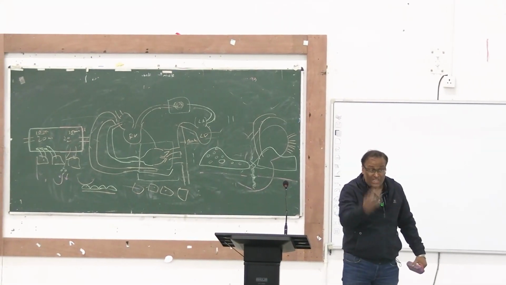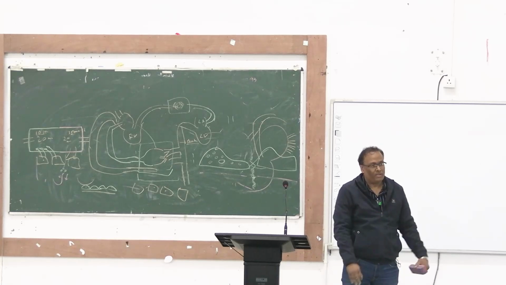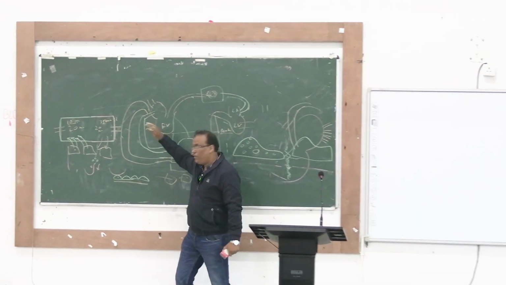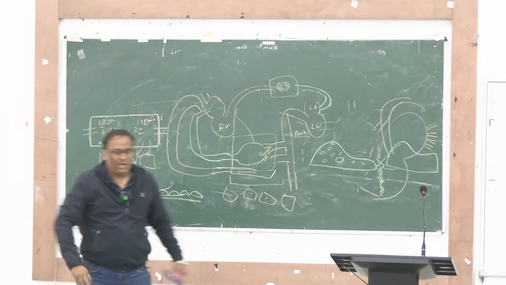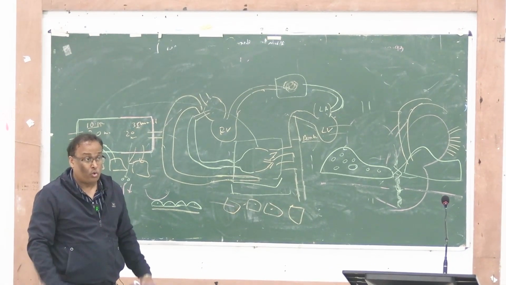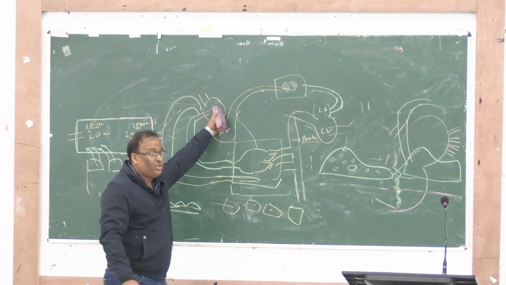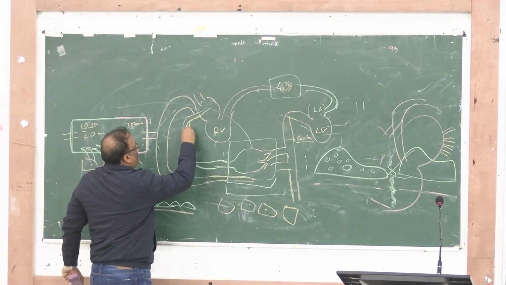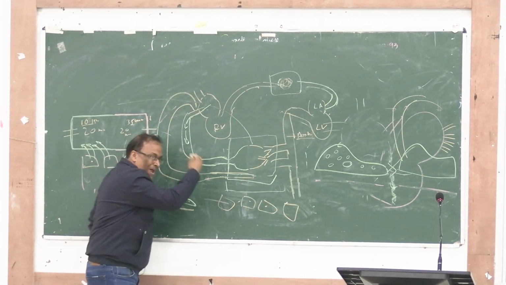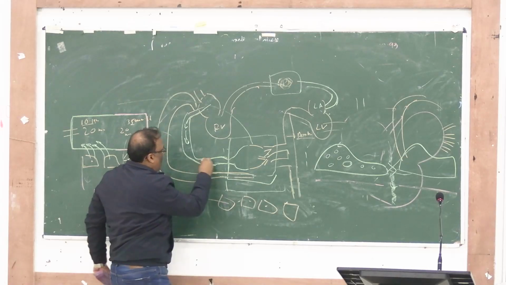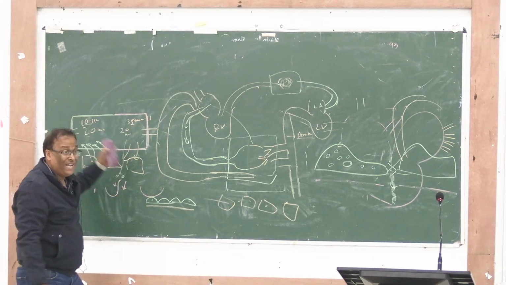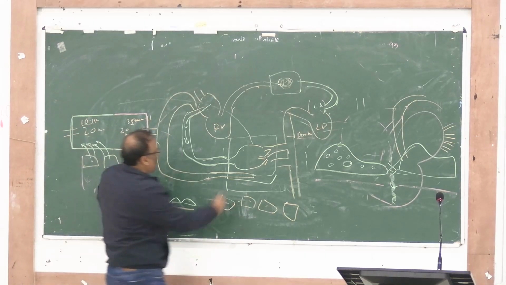You will now say yourself, yes sir, it will happen. See how you understand: right-sided heart failure is there. If it is failure, the pump cannot work, so huge blood will accumulate here. Ultimately it will backflow, the pressure will back up. Previously this pressure was 10 to 15, now it will increase to around 40.